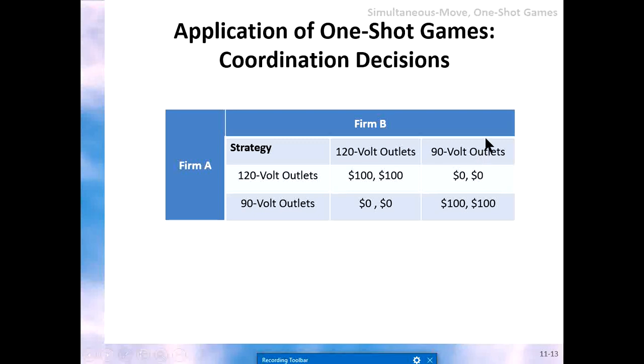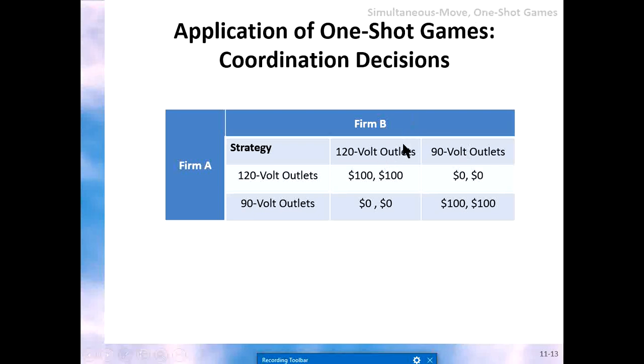So consumers may not buy, or reduce the demand for those electrical appliances. So we can see, if both of the firms produce different voltage outlets, the profit will reduce, or the payoff. Here 0 is just for illustration, could be 10, could be 50.